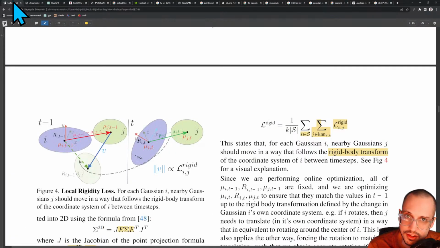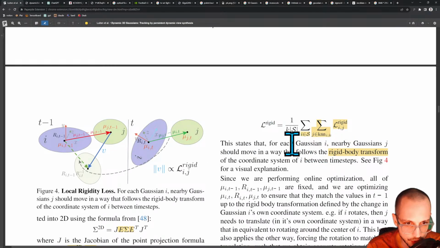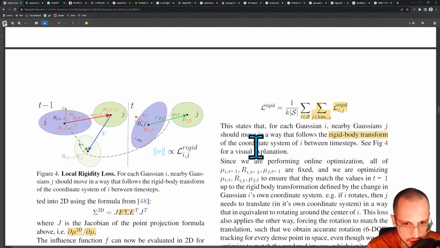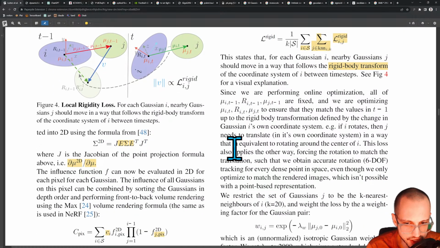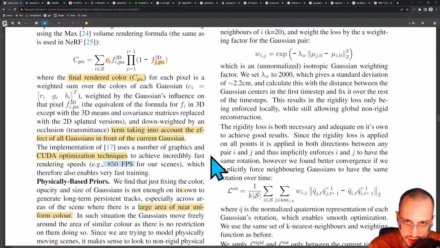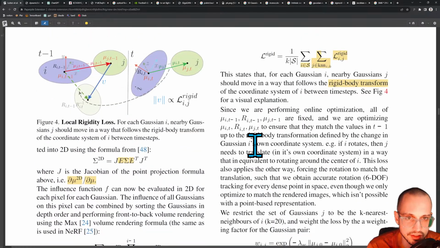Then there's going to be a weird effect where, with this local rigidity loss, the hand is going to almost want to pull the ball. I don't know, there's almost like a weird density artifact that could potentially be introduced here.